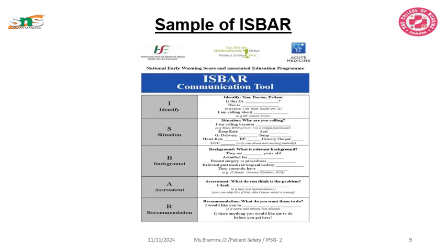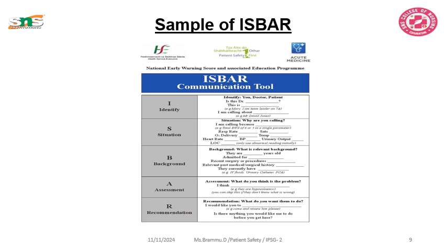So this is a small sample of ISBAR tool communication. In this, you identify who the doctor is, who the patient is, and why you are calling. The situation is that I'm calling because he is having some sort of respiratory issues, and you give the respiratory rate, saturation, temperature, heart rate, BP, urinary output, and level of consciousness.